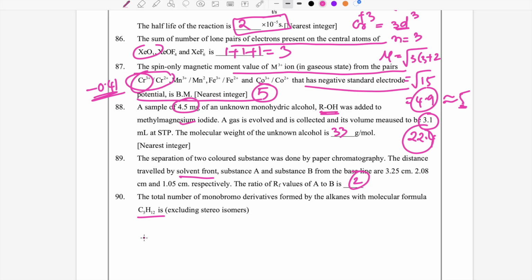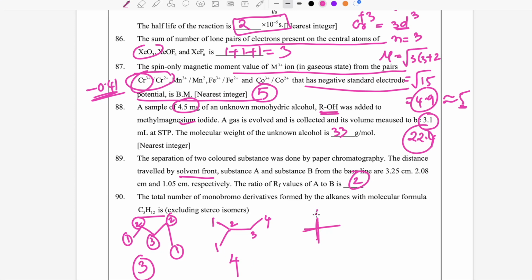It is an alkane. It can be normal pentane, isopentane, or neopentane. How many products will normal pentane give? 1, 2, 3. So 3 monochloro products here. Isopentane gives 1, 2, 3, 4, so 4 here. In neopentane, all of them are identical, so we get 1. So 3 plus 4 plus 1 equals 8. 8 is the answer for this question.